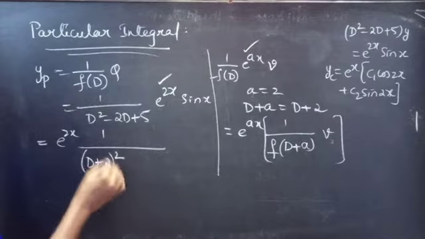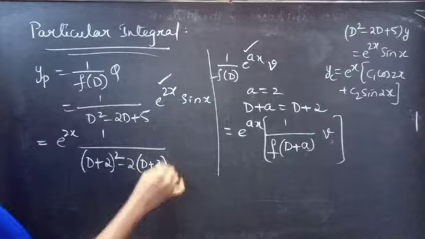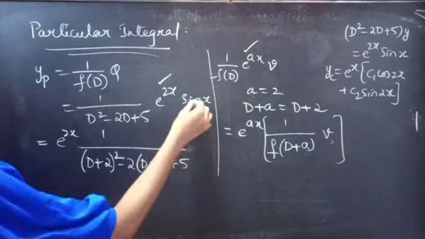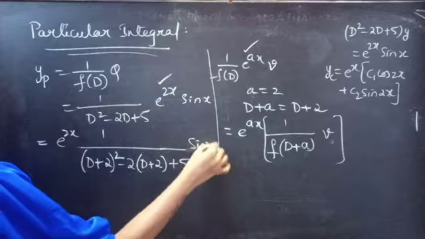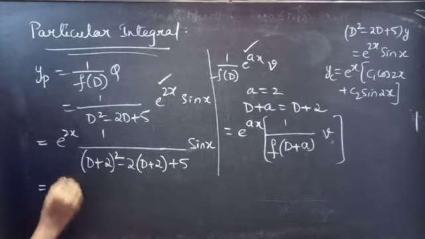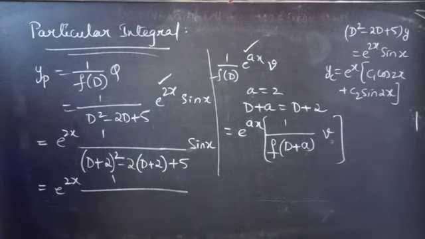We'll get d plus 2 whole square minus 2 into d plus 2, plus 5, into sin x, right? This equals e power 2x into 1 by, expanding d plus 2 whole square using the a plus b whole square formula.